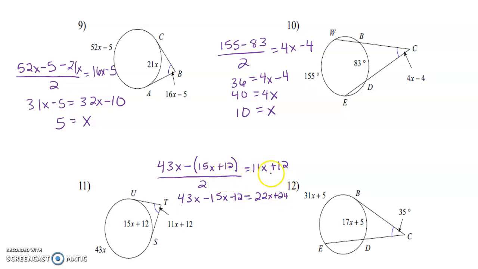I'm going to multiply by 2 to clear my fraction. Okay, so then I'm going to combine my like terms. And I get 28x minus 12 equals 22x plus 24. Subtract 22x from both sides and I get 6x here. Add 12 to both sides. 6x equals 36. Divide by 6 and x equals 6.